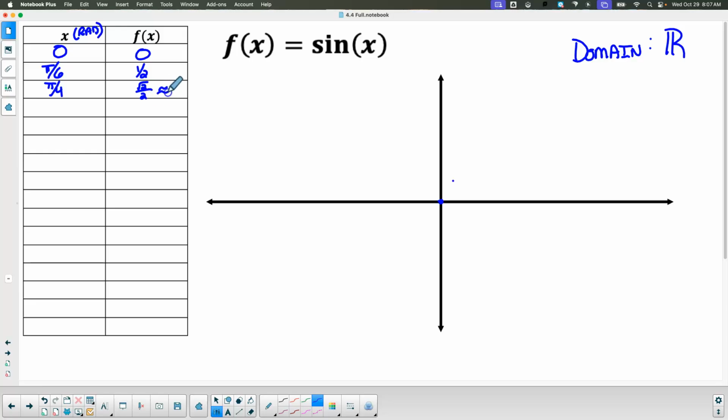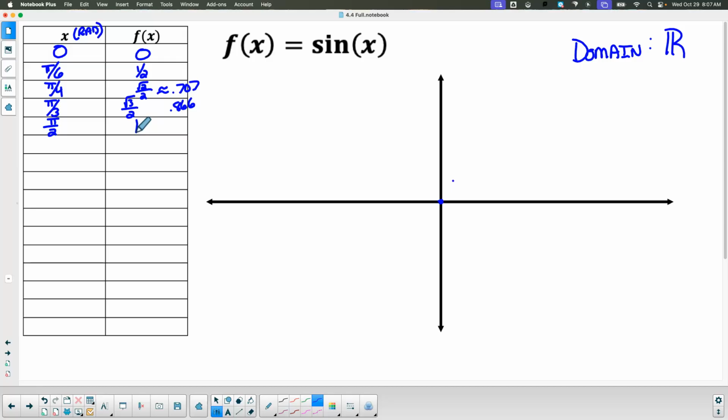Yep. Okay. Pi over 3. Root 3 over 2. How much? 0.866. Okay. Pi over 2. 1.